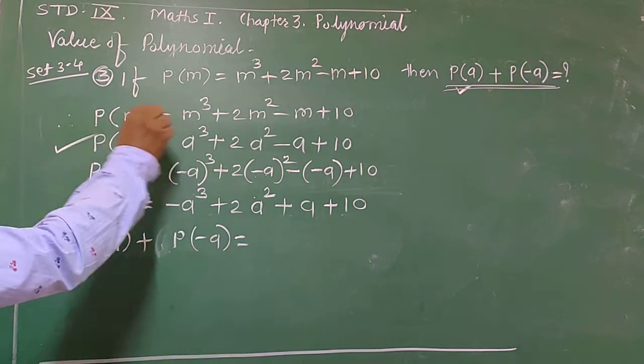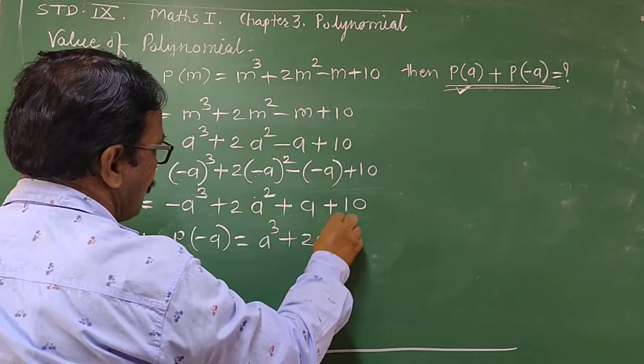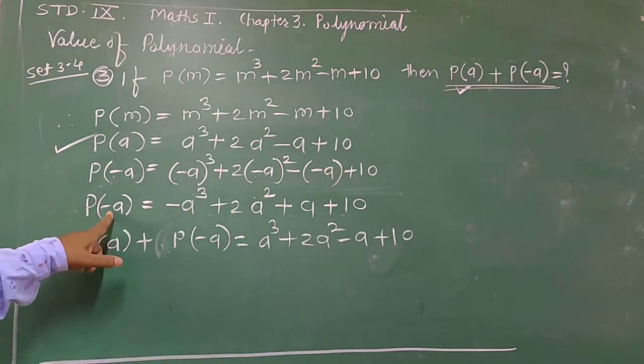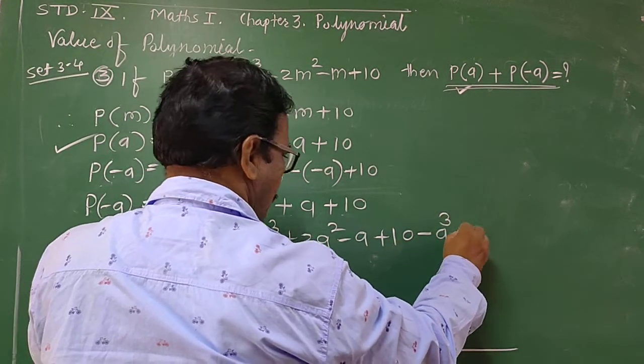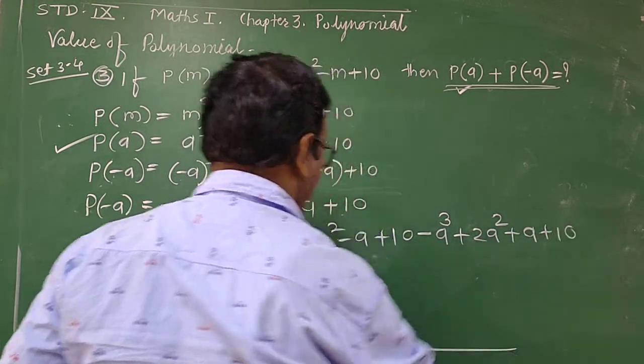So value of p(a) is a cube plus 2a square minus a plus 10, and value of p(minus a), that is minus a cube plus 2a square plus a plus 10.